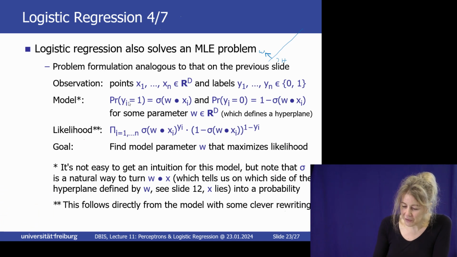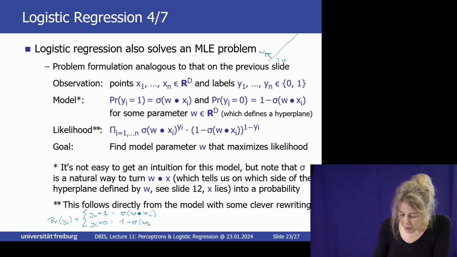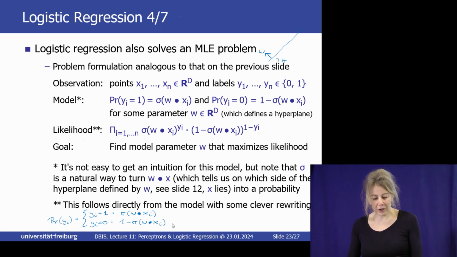So this probability here is, let's just write that. The probability for a label yi, and I have two cases, right? If yi is 1, then it's sigma of w times xi. I'm just copying what's written up there. If yi is equal to 0, then it's the opposite, 1 minus sigma of w times xi. Now that's not nice, right?